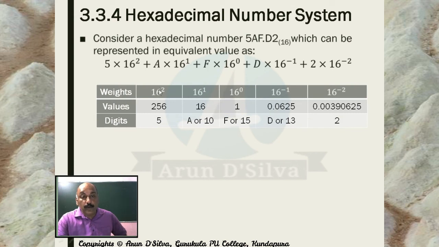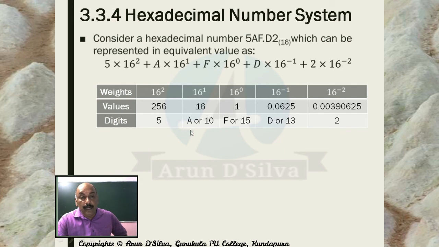Now 16 to the power 2 means 256. In a similar way, 16 to the power 1 means 16. 16 to the power 0 means 1. 16 to the power minus 1 means 0.0625. 16 to the power minus 2 means 0.00390625. Now this 2 is as it is. D or 13, the equivalent value is 13. This is F or 15, A or 10 I wrote, and this is a 5.